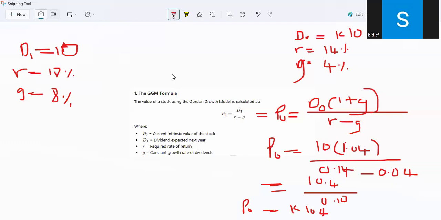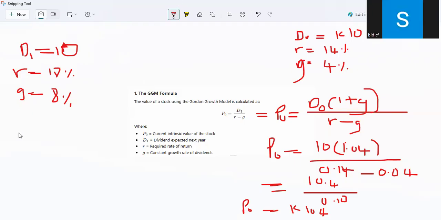How do we calculate the intrinsic value using Gordon's model? So since we're given D1, we're going to say D1 over R minus G, which is going to be 10 over 0.18 minus 0.08.